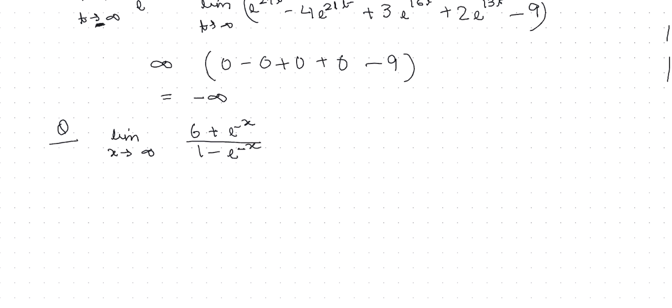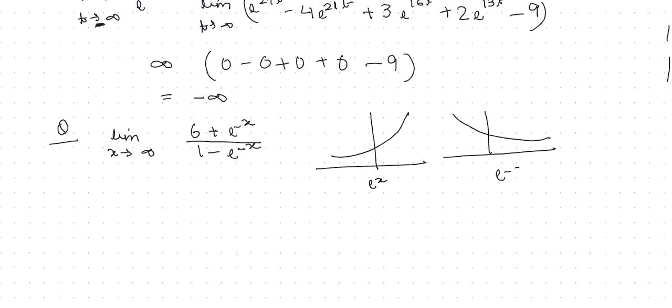So again, we see these graphs of e raised to power x, and this is e raised to power minus x. So this is the limit as x tends to infinity of 6 plus e raised to power minus x.